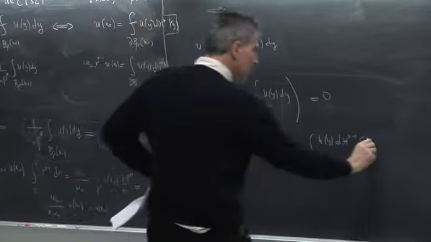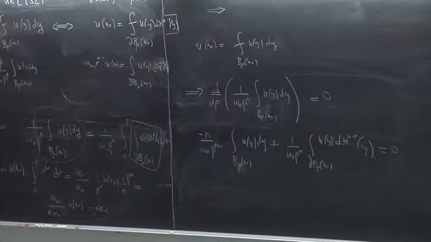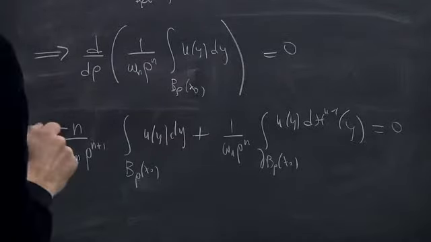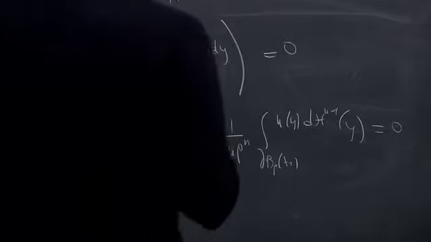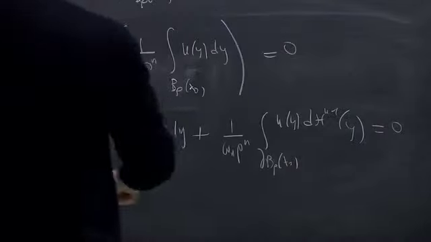So 0 is equal to this. Okay. Okay, now what do I do? Well, therefore this is equal to this.